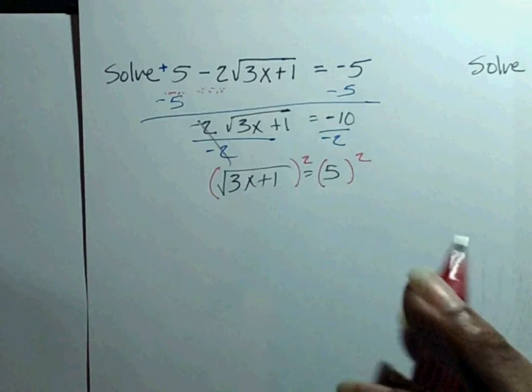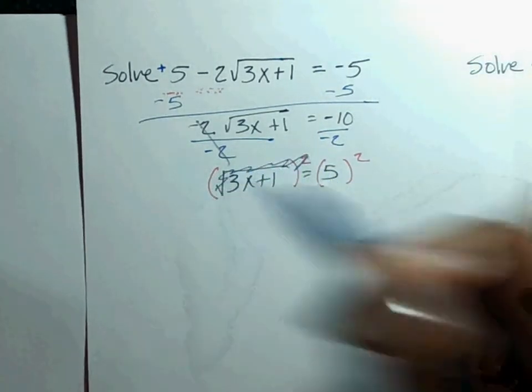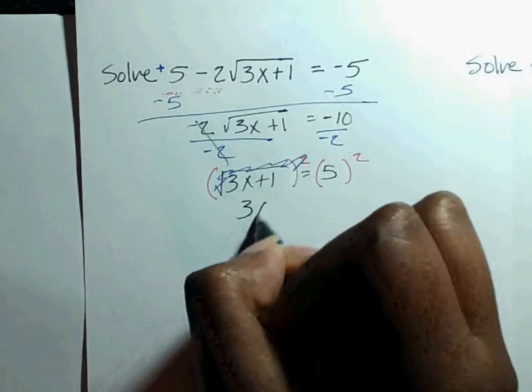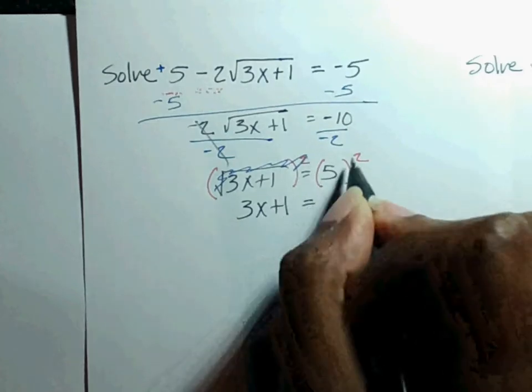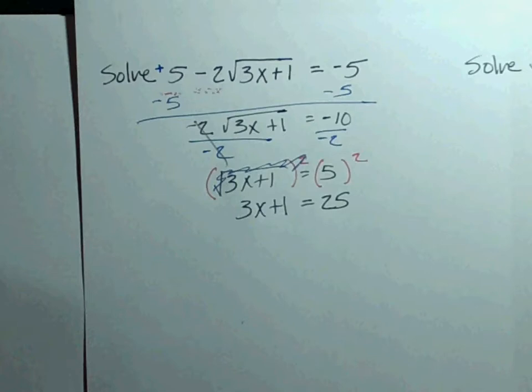The entire sides. When I square a square root, they cancel each other out. So I'm left with 3x plus 1 equaling 5 squared is 25. Got rid of that radical.